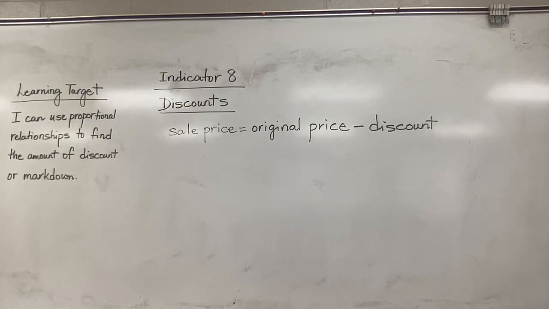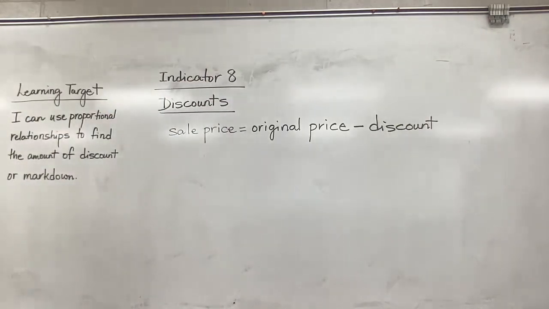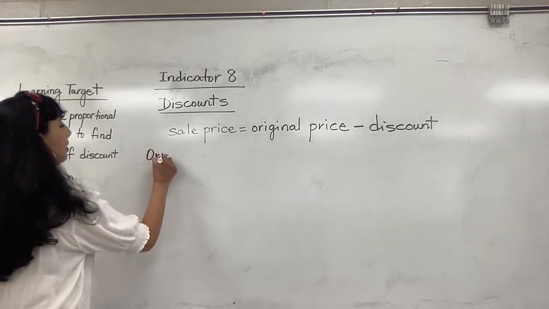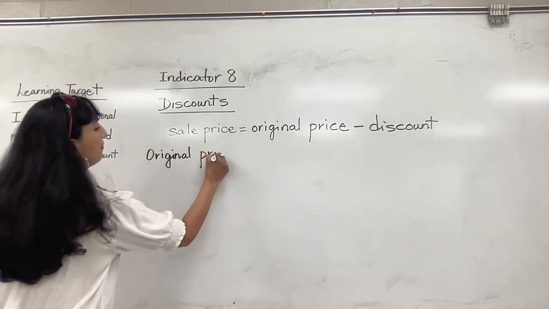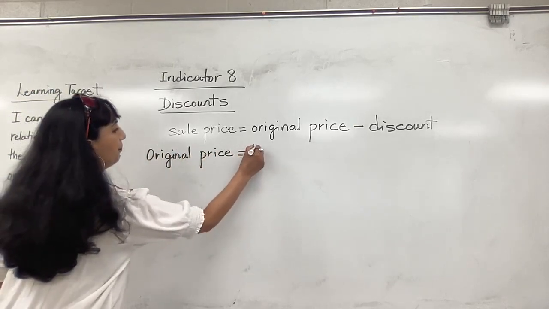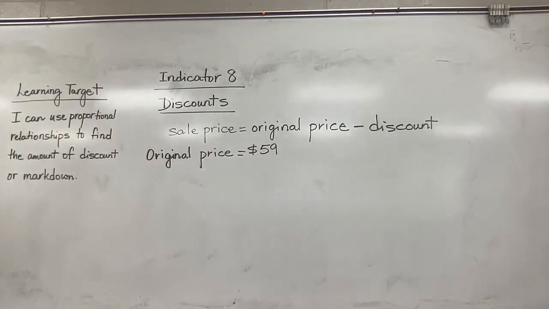So let's say summer sports is having a sale. Okay, a volleyball has an original price of $59, and it's going to be on sale for 65% off the original price.